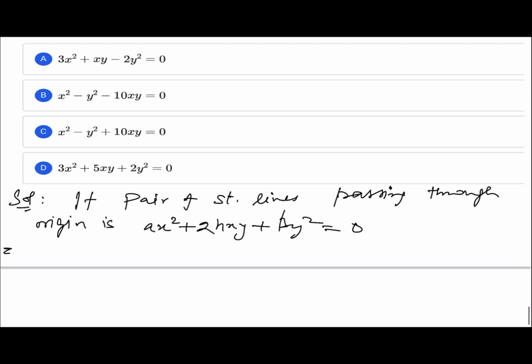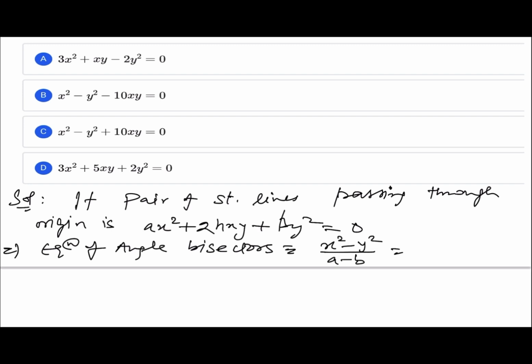then the equation of angle bisectors is x square minus y square upon a minus b is equal to xy upon h.